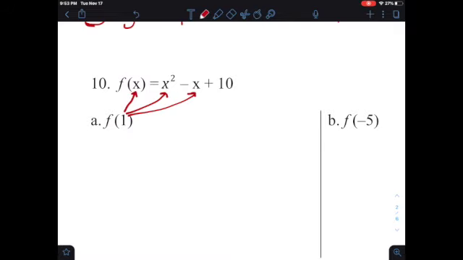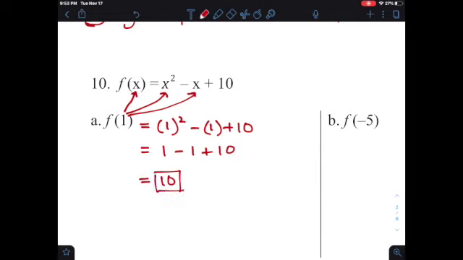So the new line should look like this. f of 1 means 1 squared minus 1 plus 10. I'm just replacing all my x values with 1. It's just like substitution. So when you work it out, that's just going to be 1 minus 1 plus 10, and the answer would be 10.